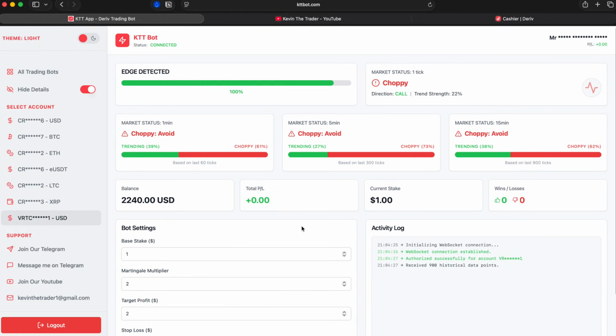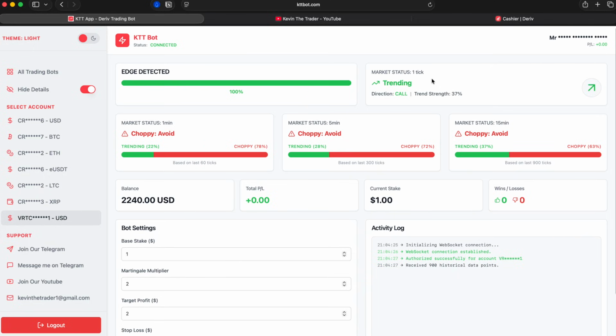So before you make any trade, this is how you should look at this particular bot if you want to trade using it. First of all, the edge detector gives you an opportunity to trade. The market is shown as trending or choppy per tick, or per second, because it actually counts per second.